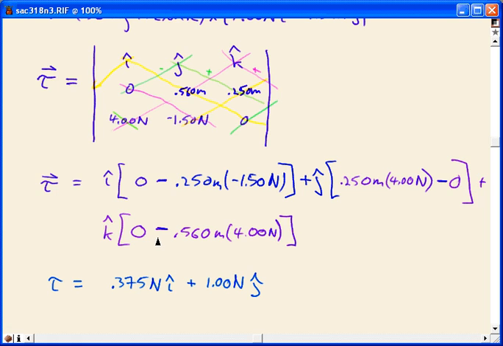And then the last term looks like it is going to be negative. We've got minus 2.24 newton meters times k.